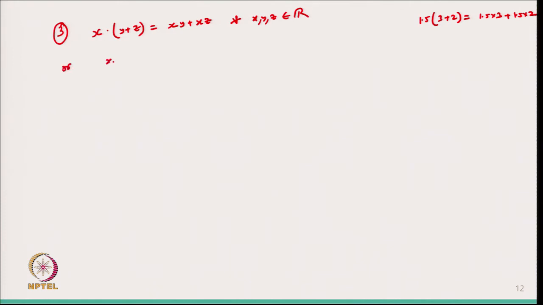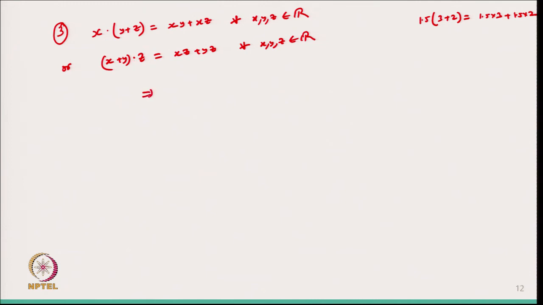Or I can write (x plus y) dot z, and this is also equal to xz plus yz, and this is also true for all x, y, z belonging to R. So, from here I can say that the dot is distributive over addition.